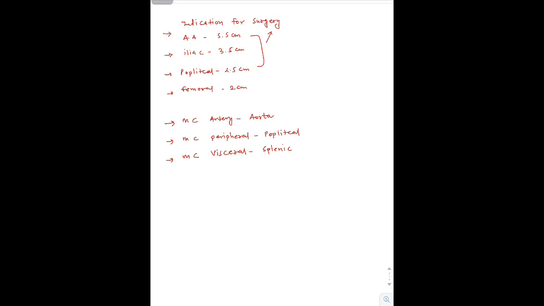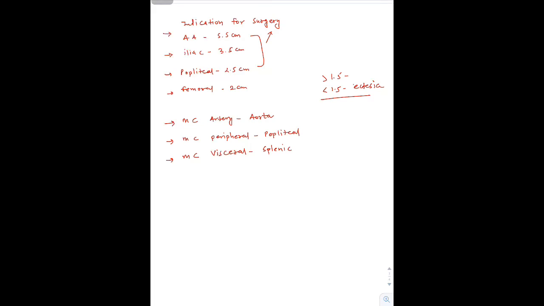So guys, this is the study about our aneurysm. We studied a little bit of the definition of aneurysm. If the size of the aneurysm is more than 1.5 centimeter, then it is called an aneurysm. If it is less than 1.5 centimeter, then it is called ectasia.